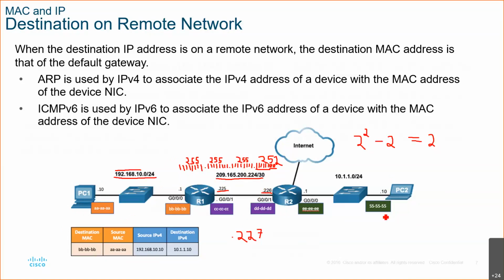This is one network. As long as each device has got an ARP table, we're talking about IP version 4 now, if it's going to another destination device within the network, it will just find the MAC and send it immediately, MAC address.